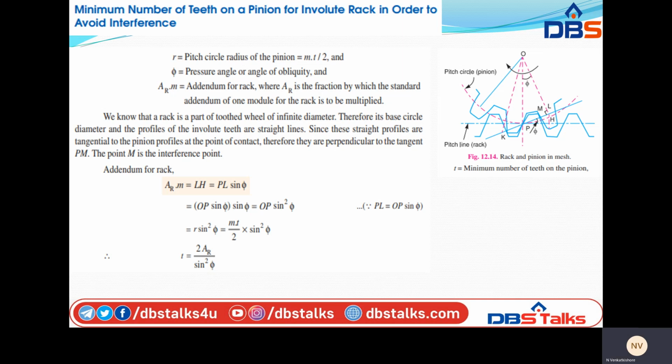Rack and pinion arrangement means horizontally there is a rack, and vertically or the circular one is the pinion. So the rack is horizontal, that we already showed in the types of gear designs. There is a rack and pinion arrangement also. Now we need to find the minimum number of teeth on the pinion for involute rack.